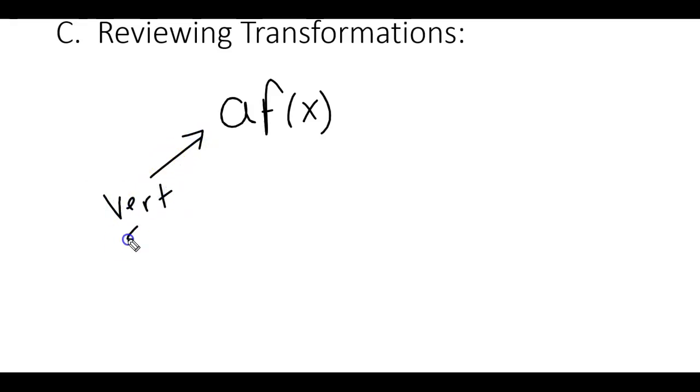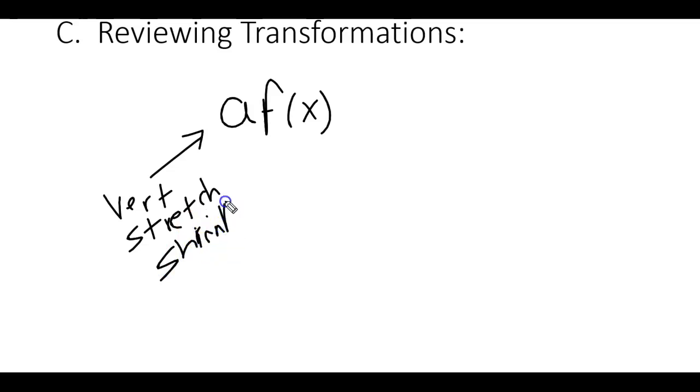So let's review transformations a little bit. As you guys may know, when you have a function and you multiply it by a number a, that's a vertical stretch, or it could be a shrink. It depends.